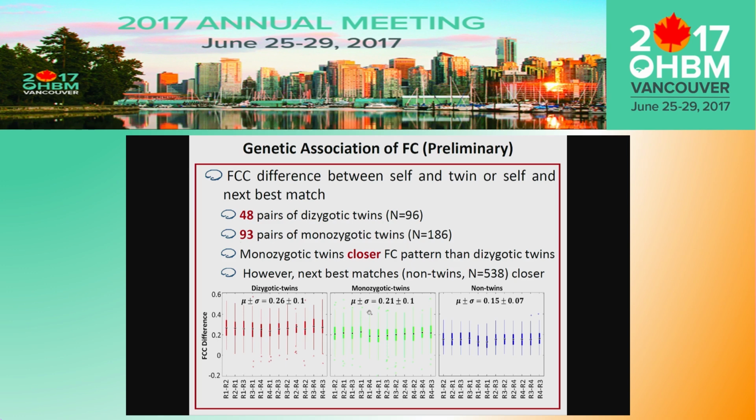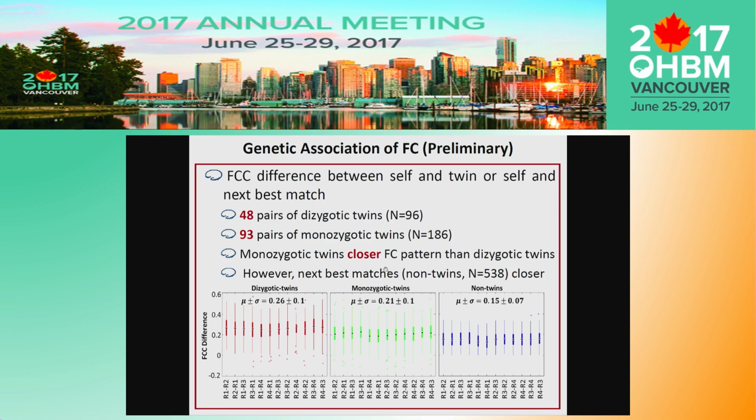And when we plot this difference between self and twin for all 12 different possible combinations of runs, we see that for the monozygotic twins, this difference is smaller than for the dizygotic twins. And this result was significant for all 12 runs as well as the average across runs.